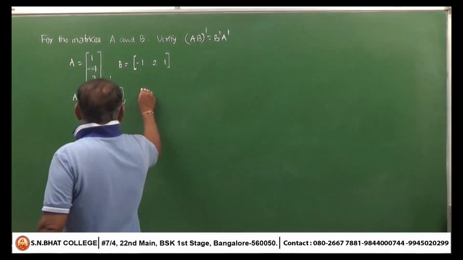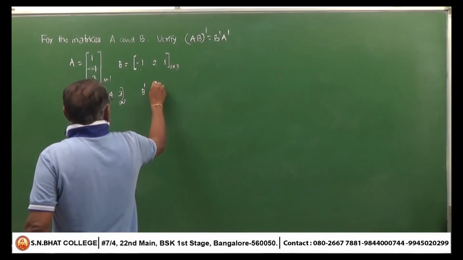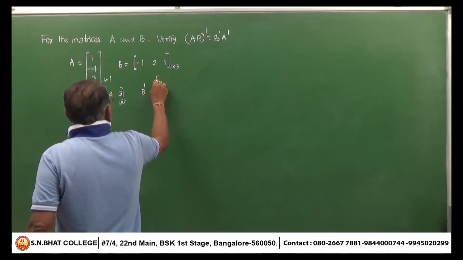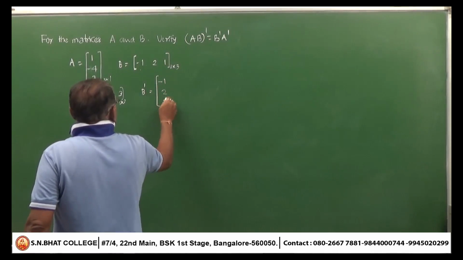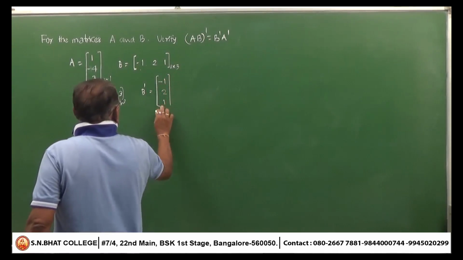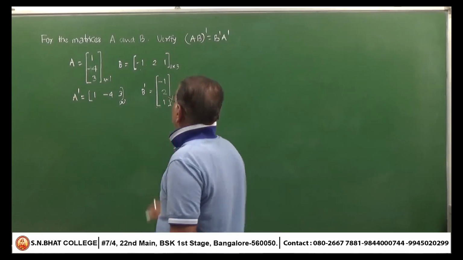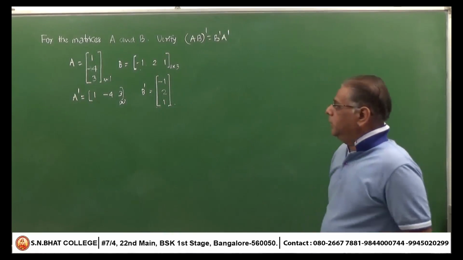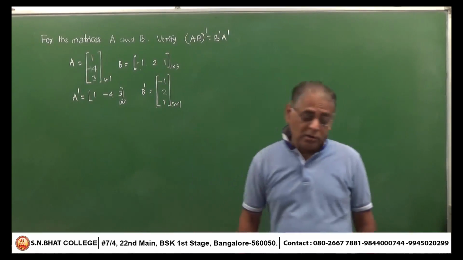Next, B transpose: B is 1 row, 3 columns. B transpose is, write rows as columns: -1, 2, 1. B transpose is 3 cross 1, 3 rows, 1 column.